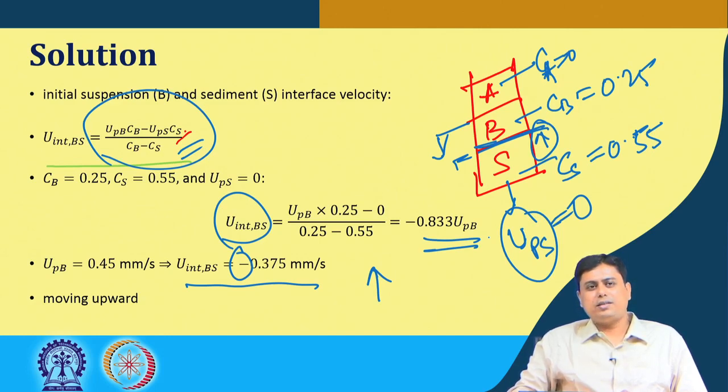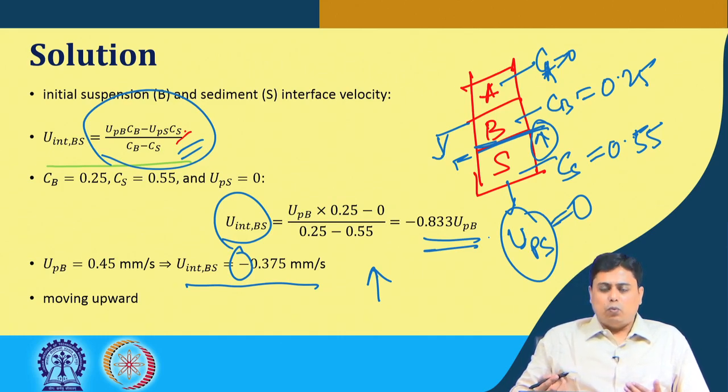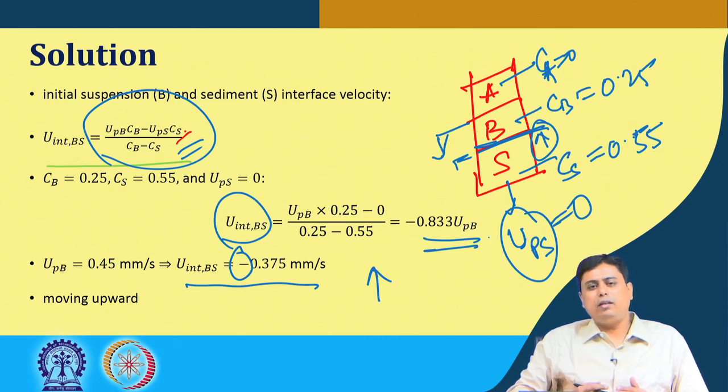Once we find the hindered settling rate, it basically equals the clear zone and suspension interface value, and with that value you can also find out the rate at which the sediment and suspension interface is moving upward. So, this is the summary of this problem.